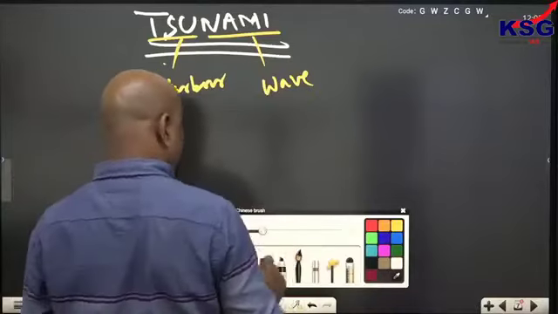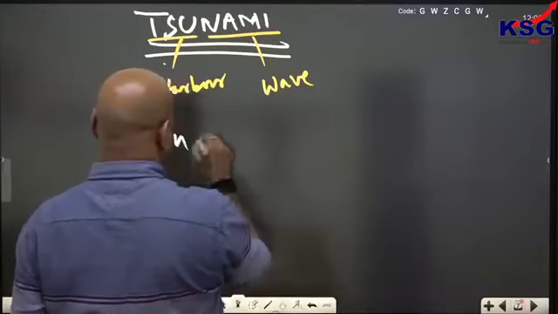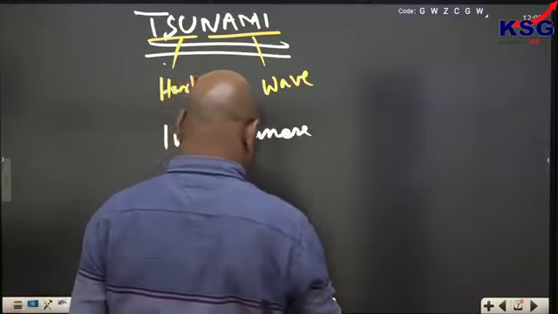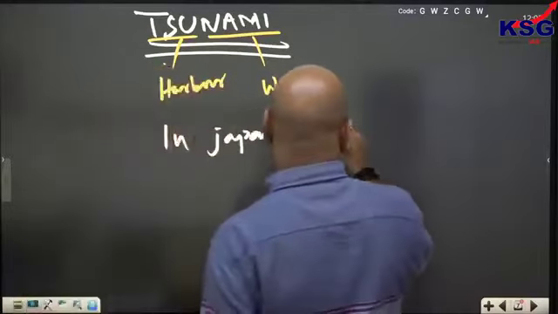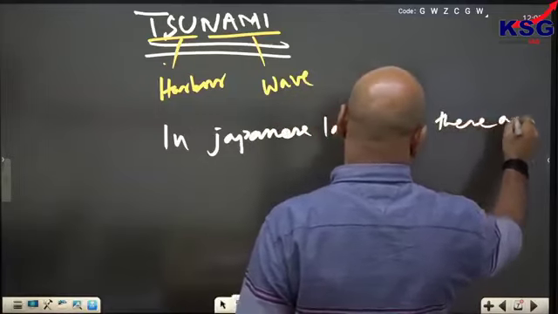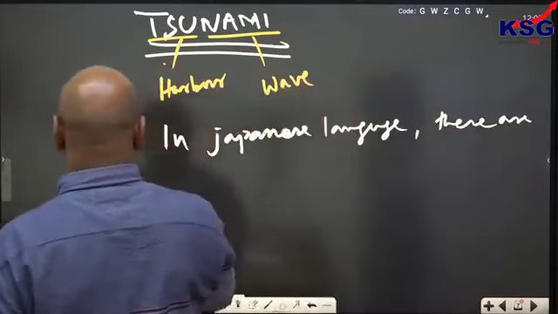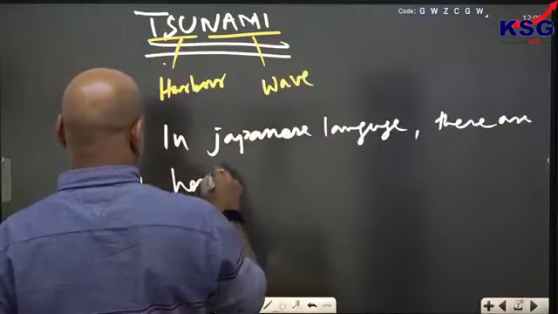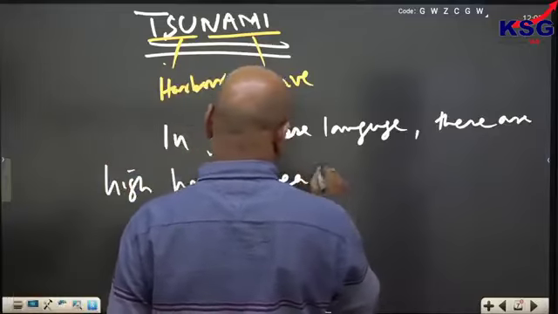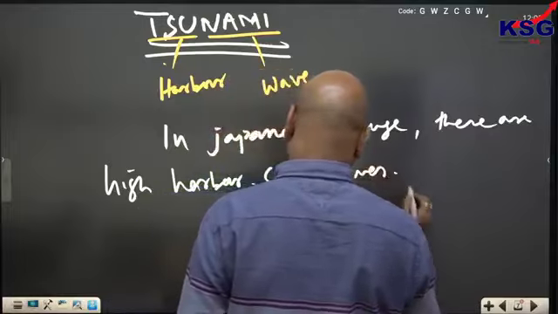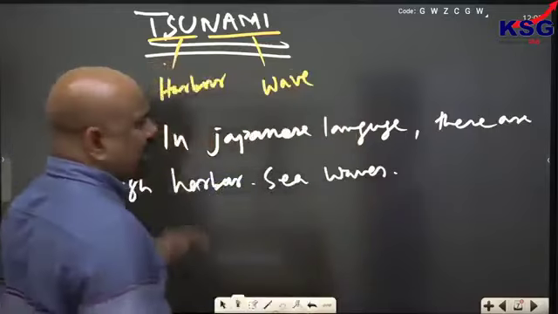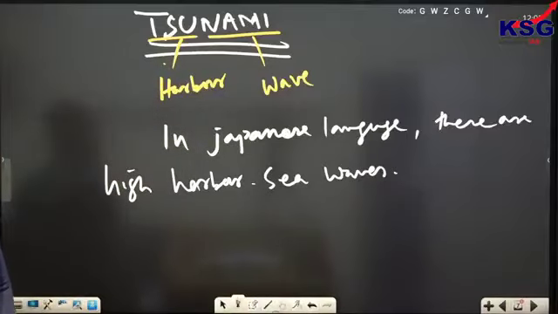So in the Japanese language, these are high harbor or sea waves. Tsunami are high harbor or sea waves. High waves होते हैं.